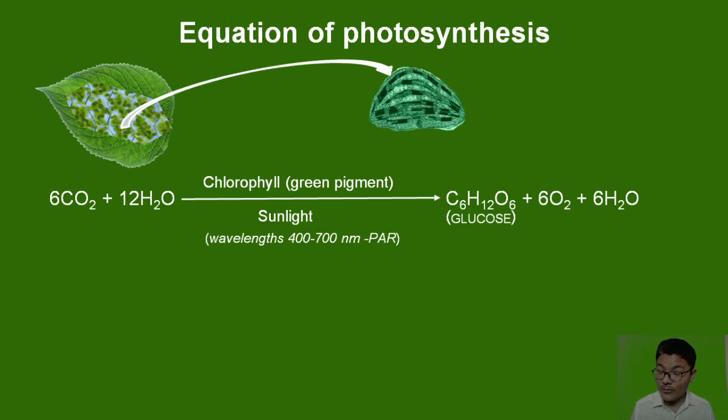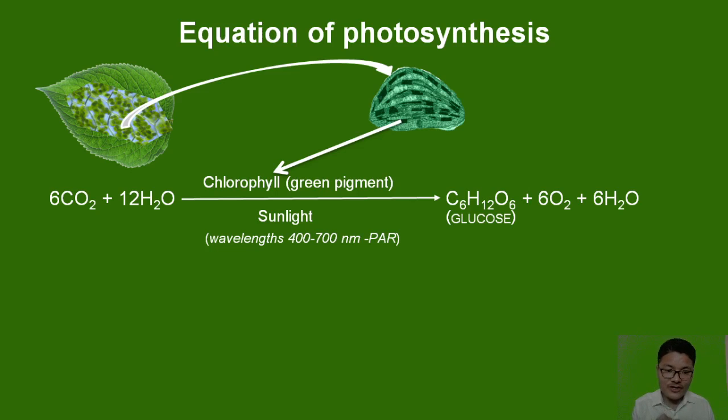And in the chloroplast, we have coin-like structured organelles, thylakoids, which are stacked one on another to form a pile called granum. In the membrane of the thylakoid, we have chlorophyll pigment. Chlorophyll pigment has the potential to absorb sunlight, to trap sunlight.